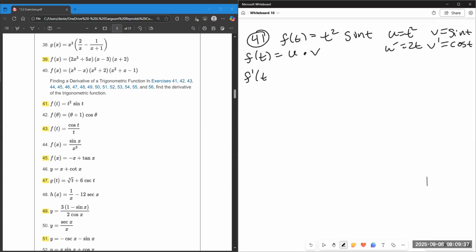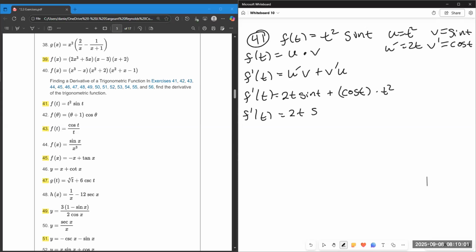F prime of t is u prime v plus v prime u. F prime of t is 2t times sine of t plus cosine of t times t squared. F prime of t is 2t sine of t plus t squared cosine of t.